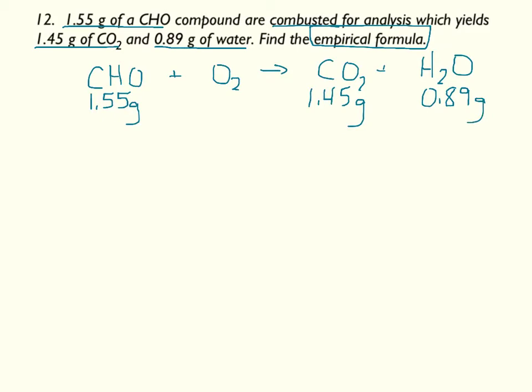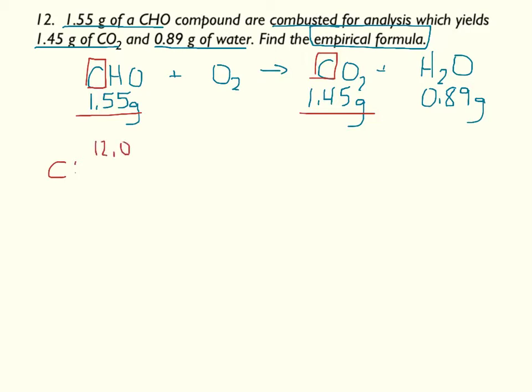So let's start with the carbon. There is carbon in CO2, and there is carbon in CHO. And it happens that those are the only two places that carbon appears in this equation. So all of the carbon in this 1.45 grams of CO2 had to have come from the carbon in this 1.55 grams of CHO. So for carbon, it weighs 12.0 out of a total of 44 for CO2 from the periodic table.